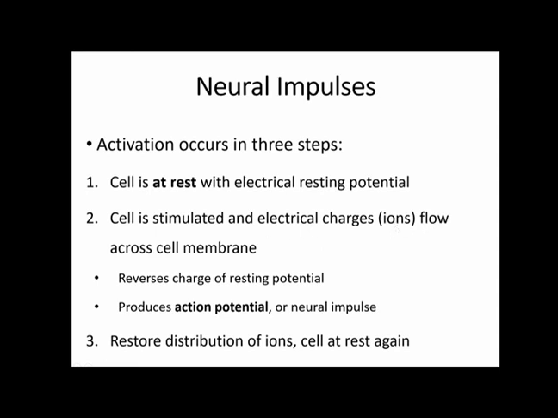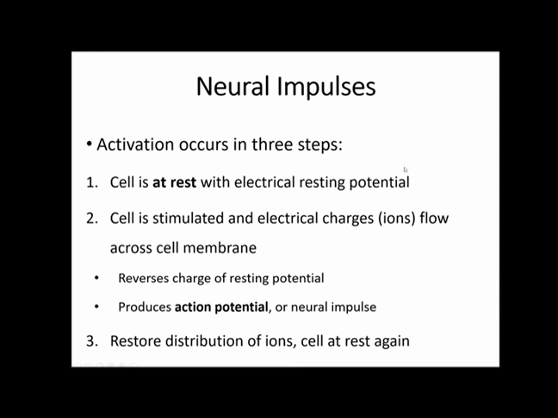So we're moving charged particles, these ions, from outside to inside the cell. And by having this charge move across the cell membrane, we're changing the charge of the cell. And in fact, this process happens so dramatically that we reverse the charge of our resting potential. So the point that we started at, we end up actually going in the other direction.